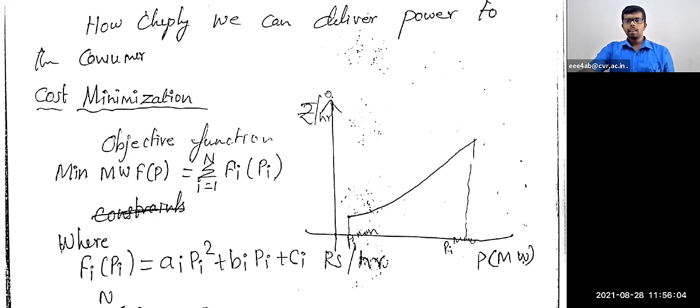This is the fuel rate characteristic. This axis is the output power generated, in megawatts. This axis is the fuel cost, in rupees per hour or dollars per hour.